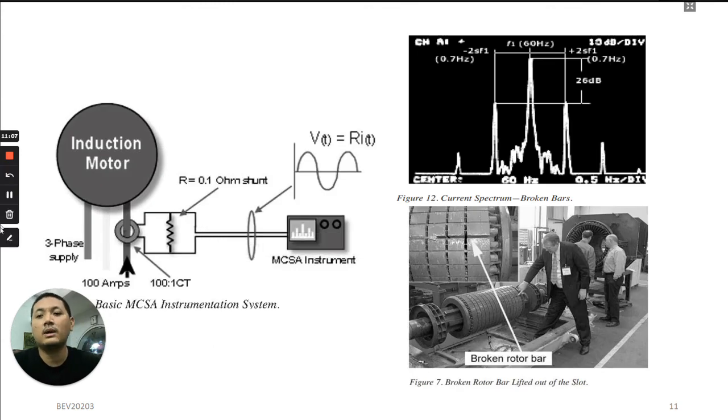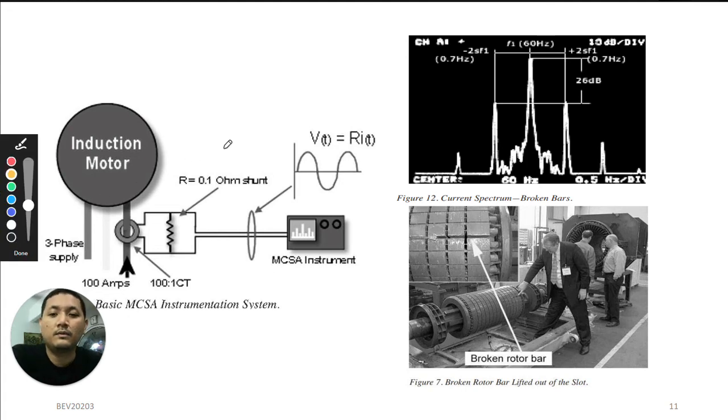Alright, this is one example of why we convert into frequency domain. This is actually one simple example. We have an induction motor here, and we are measuring the current signal, or the voltage signal.